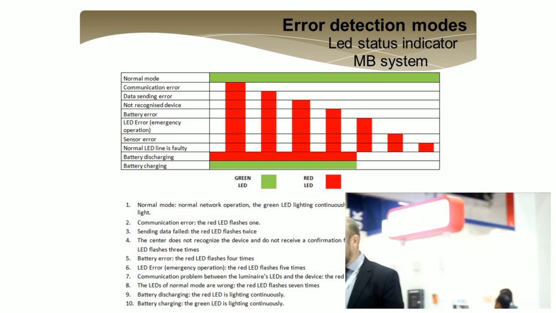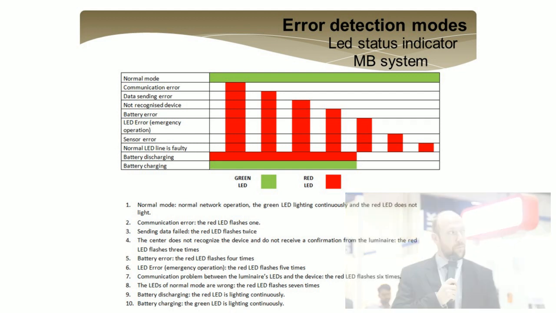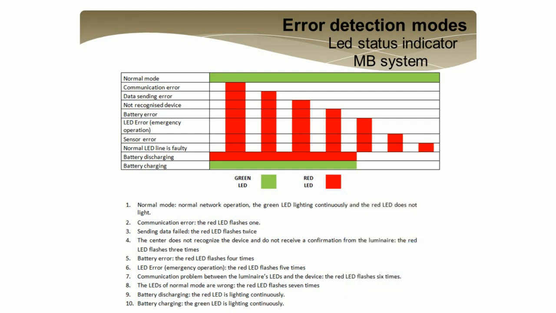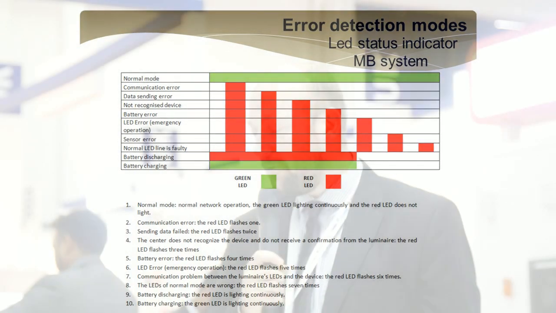If you have any failure on the system, on this light, you can see this table and you can find it to recognize these errors. For example, the battery errors. If you remove the battery from this addressable self-contained system, after around 5 minutes, you will see a battery error message on the light.